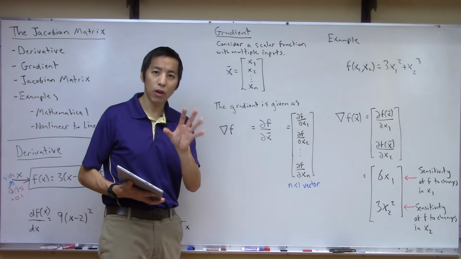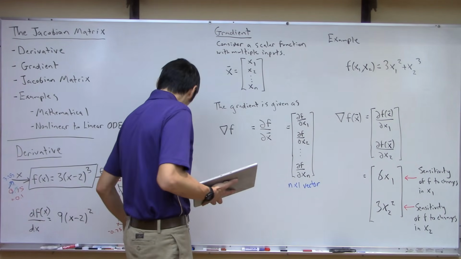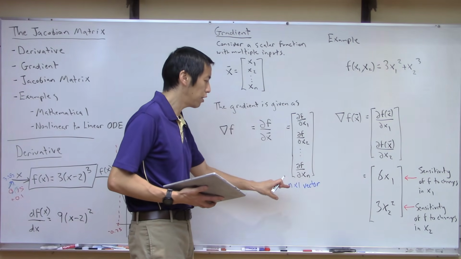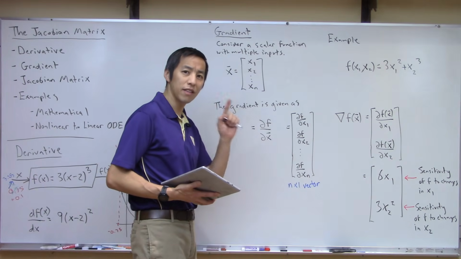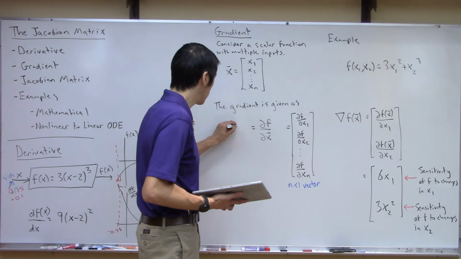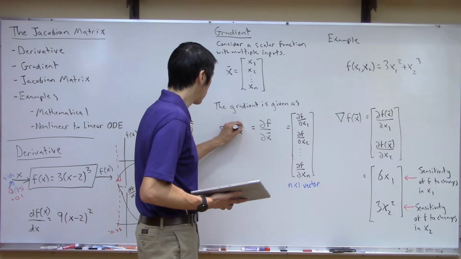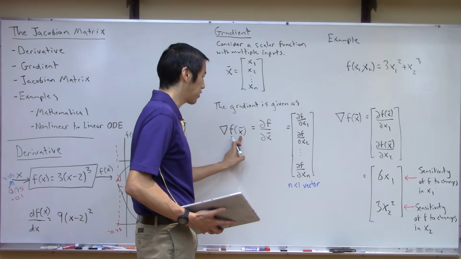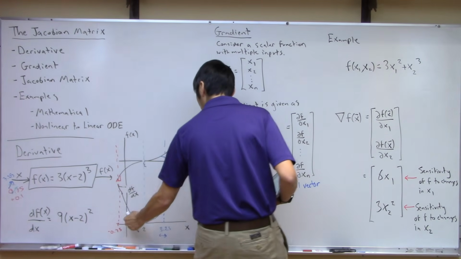And we have to remember that by the time you take these partials, this is likely still a function of the independent variables x. So the gradient of f is a function of x. It depends on where you are, just like we saw here.